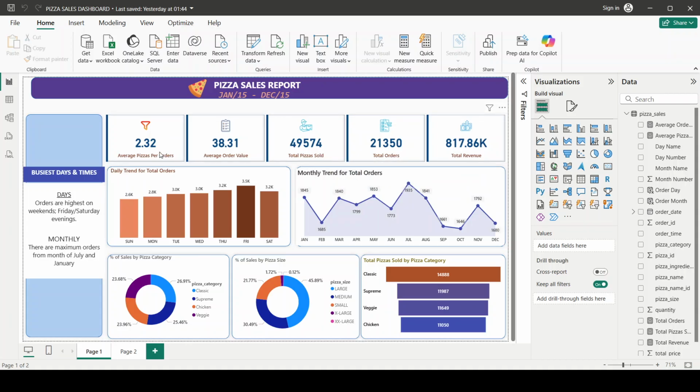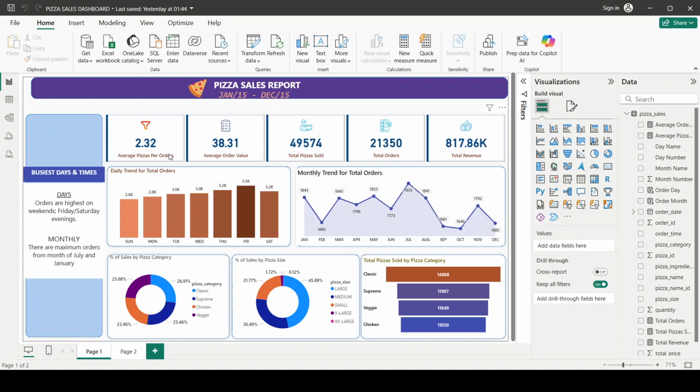So the average pizzas per order. We look at the total number of orders we had. Out of these total orders, if we divide the total quantity ordered by these total orders, on average there was an order of about two units, two pizzas and 32 hundredths.